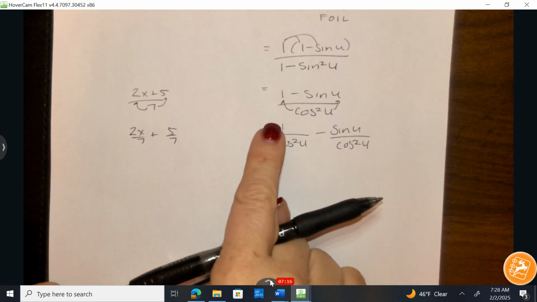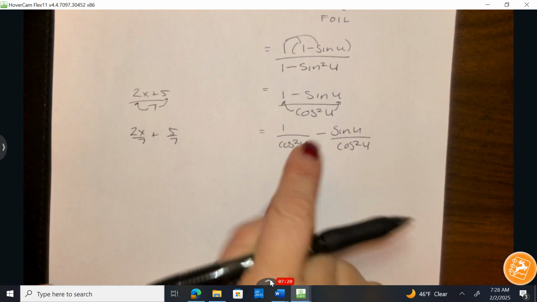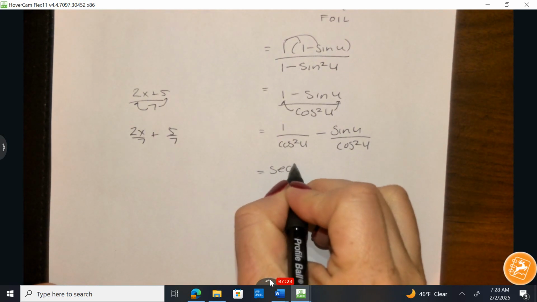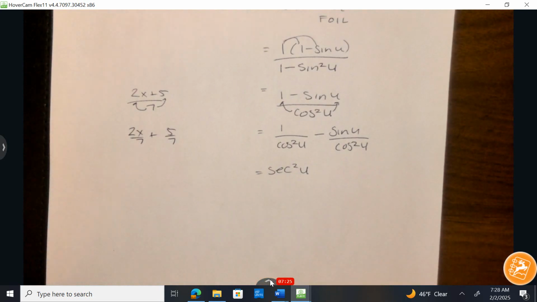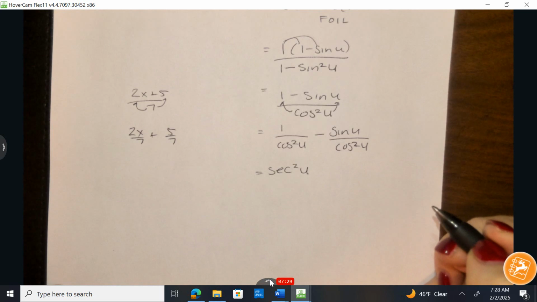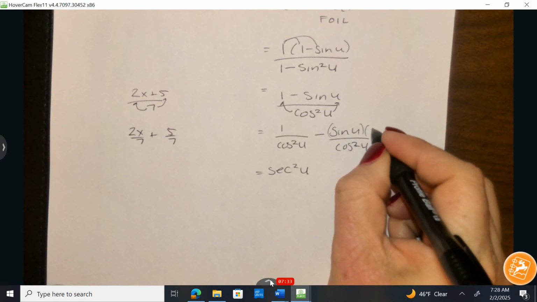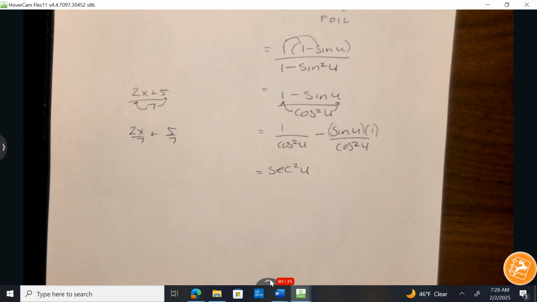Now, I recognize that 1 over cosine is secant, so 1 over cosine squared u is the same as secant squared u. I'm going to separate this into two parts because I see there's two of these. You guys can see that. Think of that as we have the sine of u times 1.